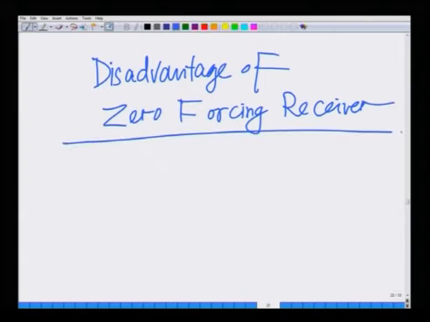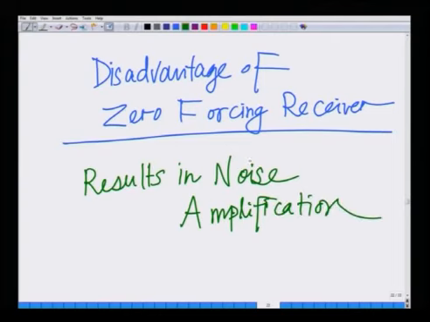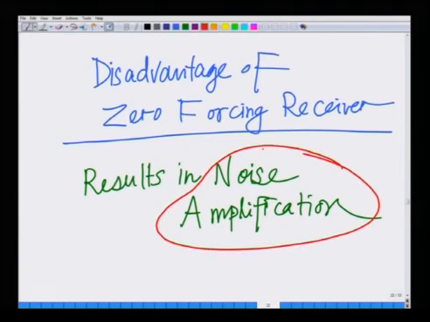That is the disadvantage of the MIMO zero forcing receiver.